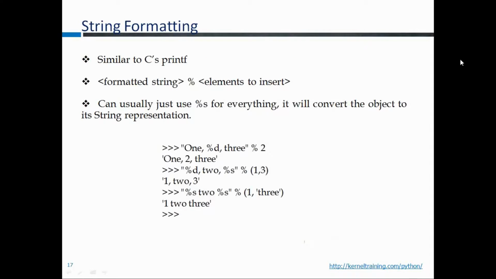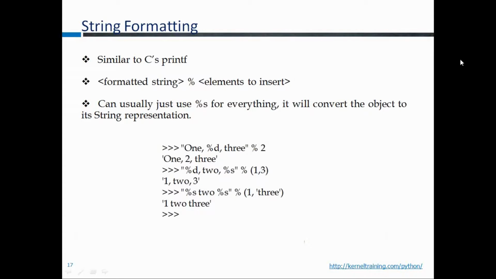And you can use string formatting also. It is more or less like the C language printf statements, though we will also see this when we execute. You can use %s for everything; it will convert any object to your string.